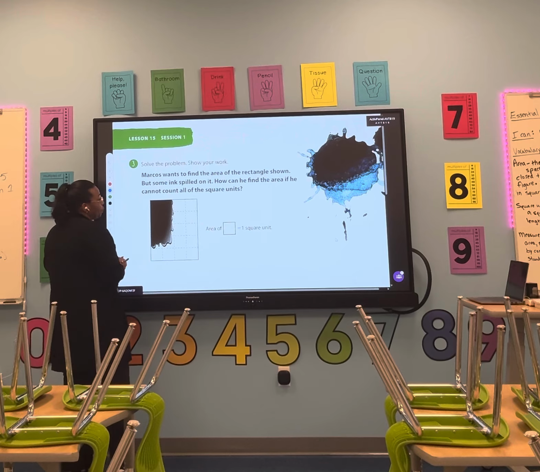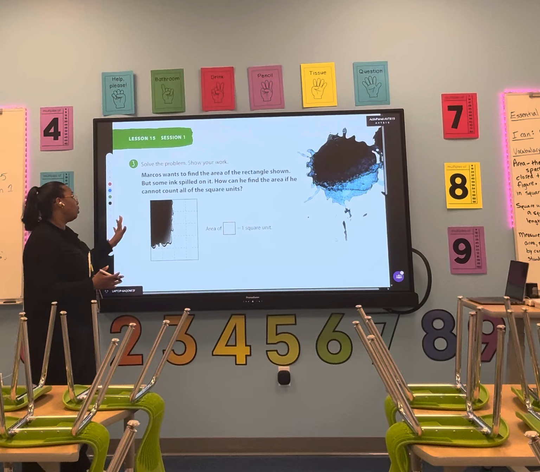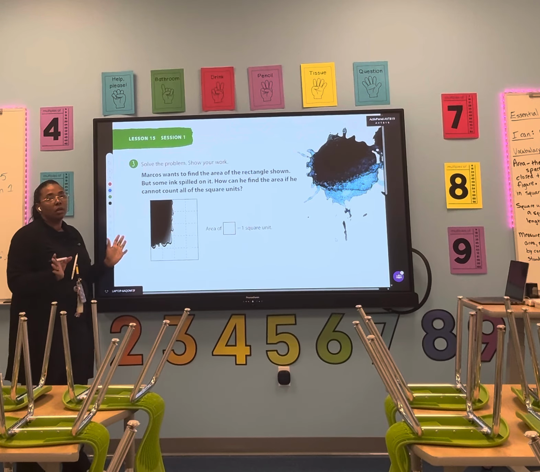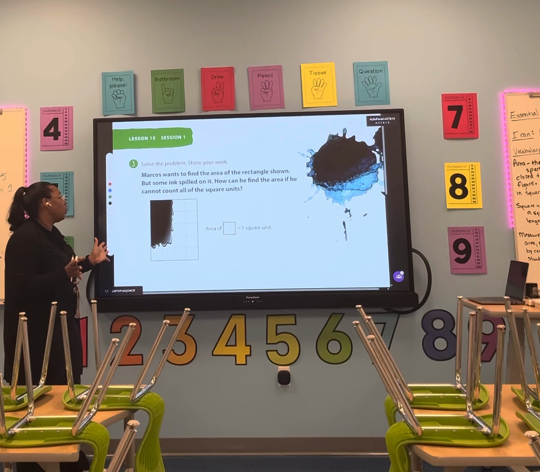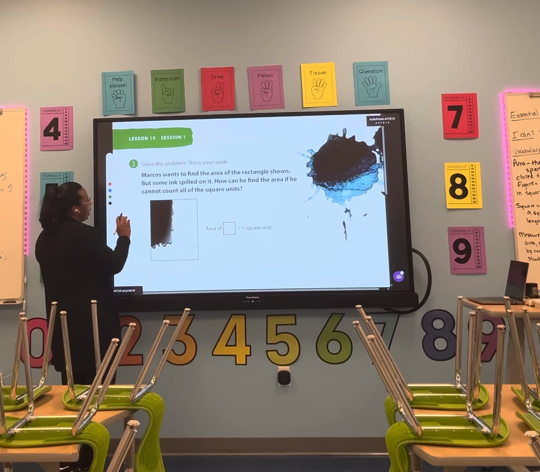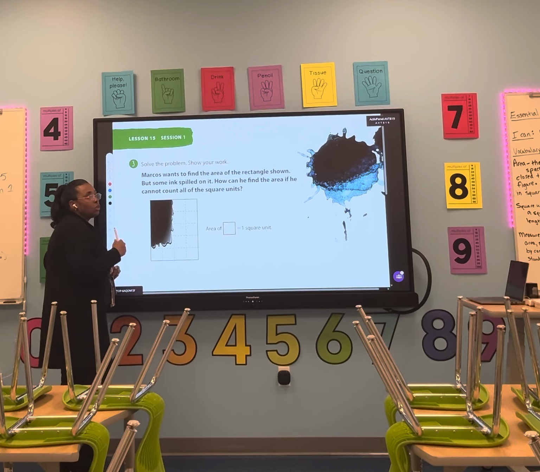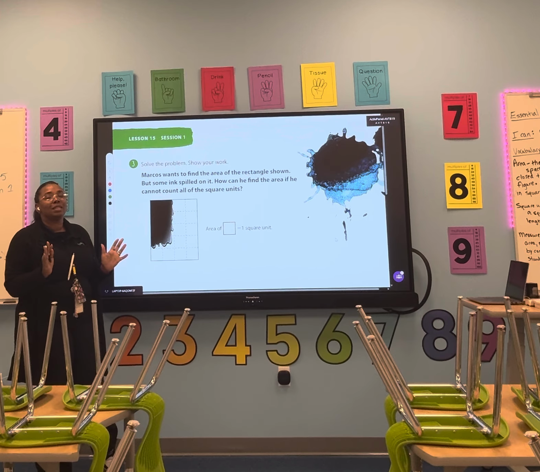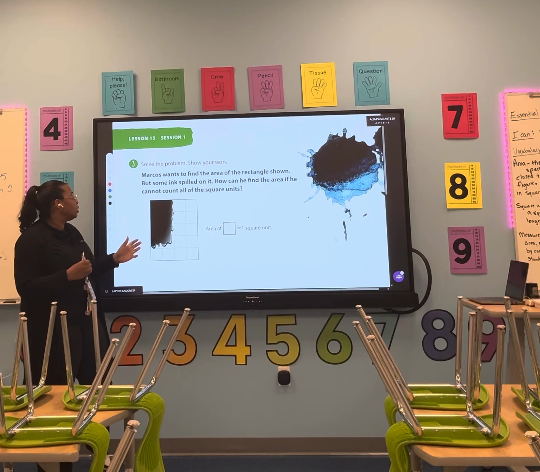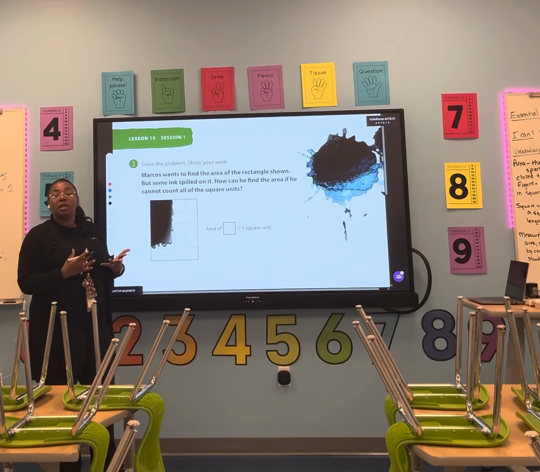You can either redraw it, or you can go over it in your book, whichever one you prefer. I'm just going to go over it because with my marker, it'll cover over that ink spot. But if you're using pencil, it might be a little harder to see, so you might want to just draw another rectangle without the ink spot on it so that it's easier for you to do your skip counting.